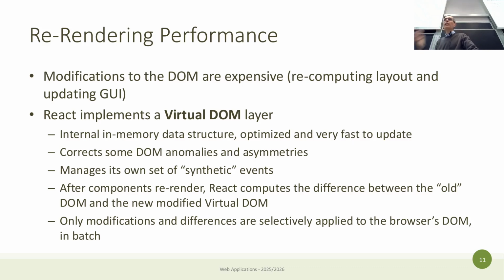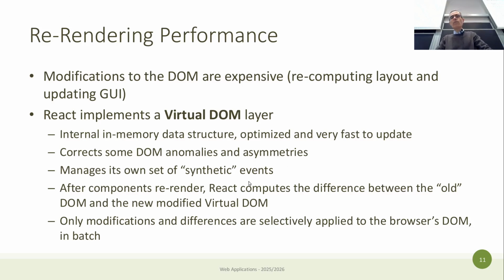That's what the React library does, in short. And it also allows us to correct and fix some DOM anomalies and asymmetries, because the DOM evolved over 30 years, so something could have been done differently to make it a bit more intuitive, a bit easier to use.